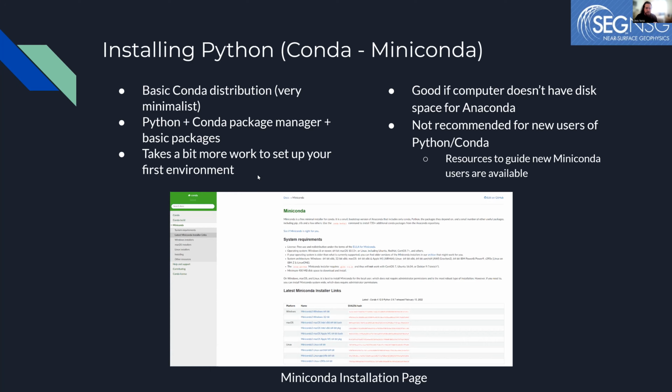It takes a little bit more work to adequately set up your first Python environment with it, but it's good if your computer doesn't have the adequate disk space, the adequate storage space to install Anaconda. We definitely recommend this over just using the basic install Python, here's a Python interpreter, but it can require a little bit more effort, which might be a little bit off-putting to new users.